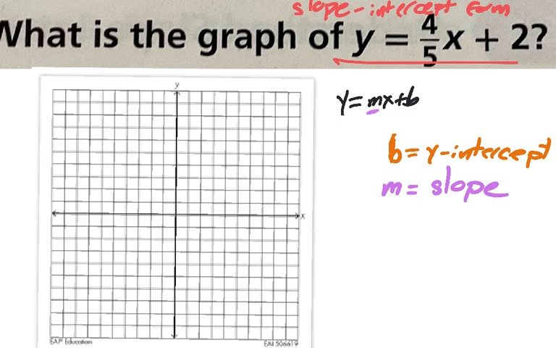Okay. Let me get this straight. This is called slope-intercept form. And what does slope-intercept form tell me? It tells me the slope and the y-intercept. It's a form of an equation that tells me the slope and the y-intercept. What should we name that form?